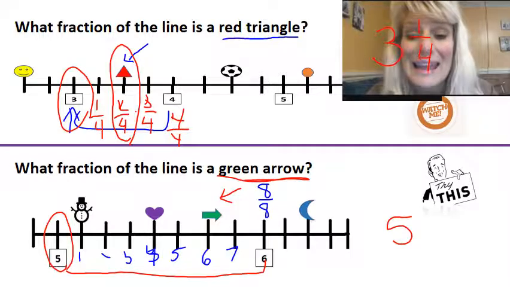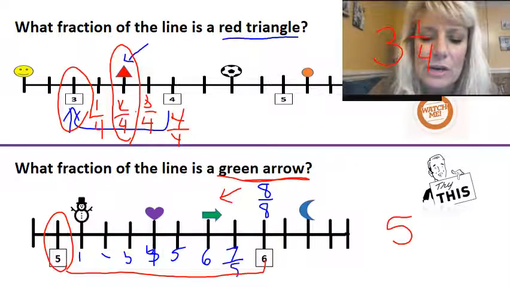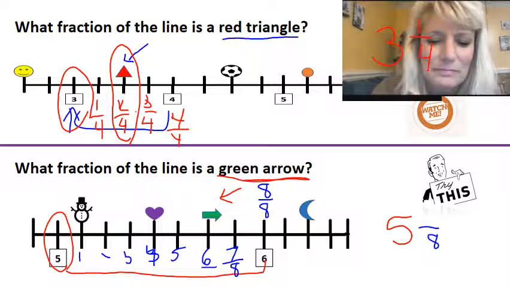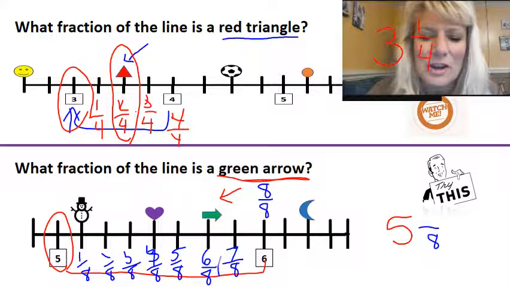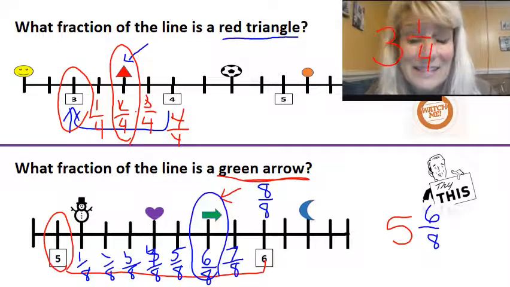This becomes 8/8 because it is a whole. All right, then I'm going back, and I know now that I'm going to have 8 parts. I'm going to go back and put 8 underneath each one of these. All right, there's an 8 and there's an 8. And then I just come to the green arrow and say that was 5 and 6/8.